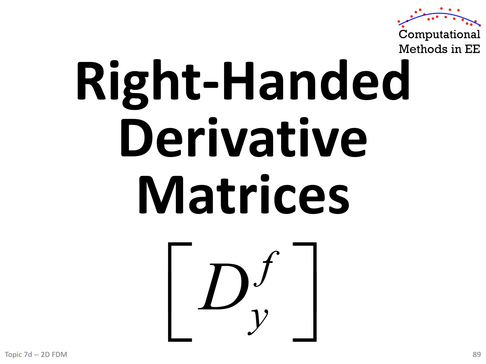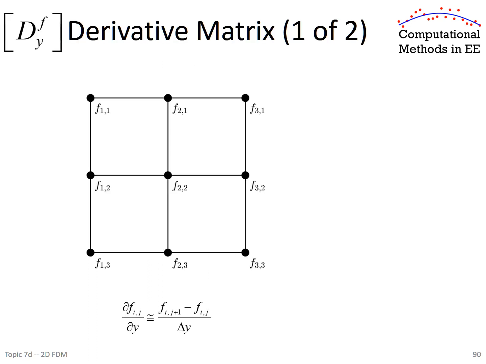Now we want to build the derivative matrix still for a right-handed derivative, but in the y direction, the vertical direction in our grid. So we have our same 3 by 3 grid, and now here is the finite difference approximation we'll be using. Notice it's the j index now that's changing. And also notice that this exists at the midpoint between j plus 1 and j.